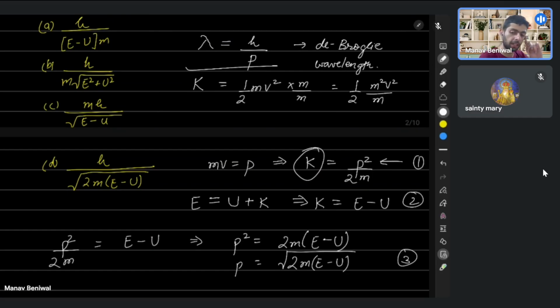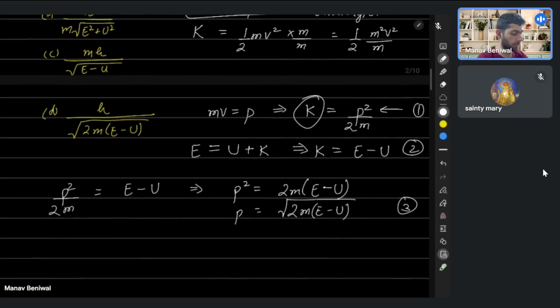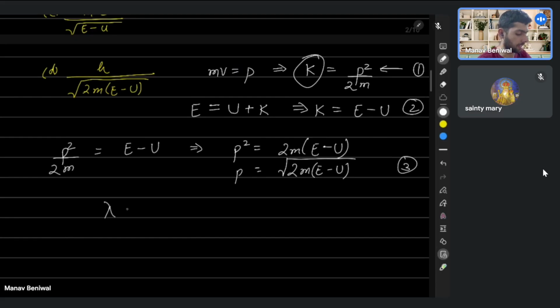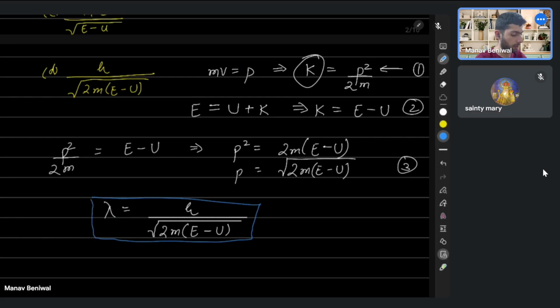Plugging equation 3 in the definition, that is lambda is h over p, we can finally write lambda is h over under root 2m E minus U. This is the de Broglie wavelength, which means option D.